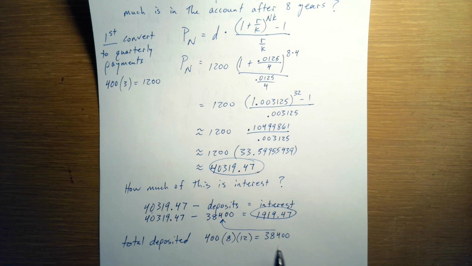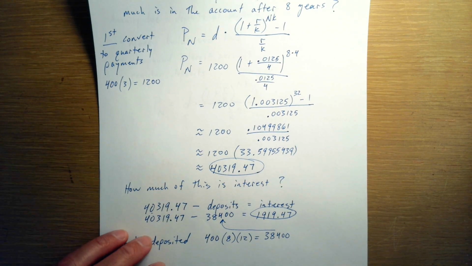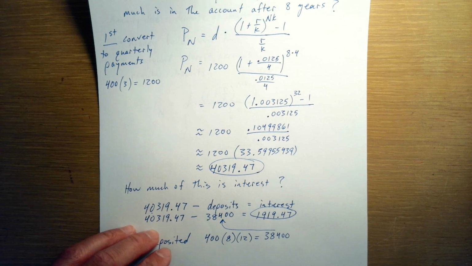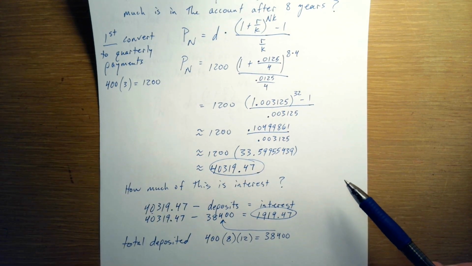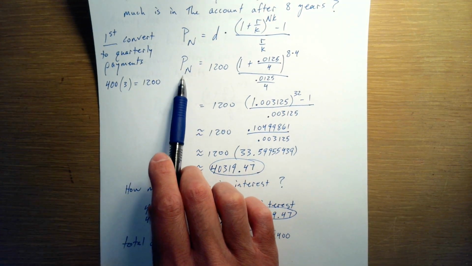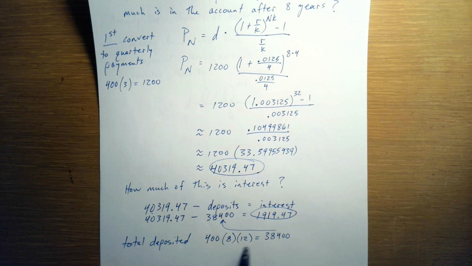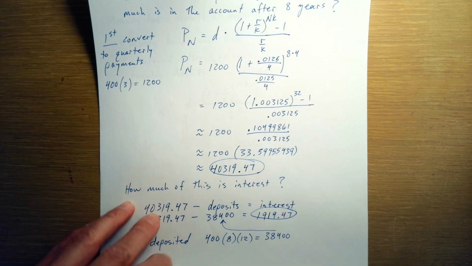In other words, we accrued around $2,000 of interest over these 8 years. And so that solves that problem. So this, again, is an example of solving for future value, and then our follow-up question was solving for how much interest was accrued in the account.